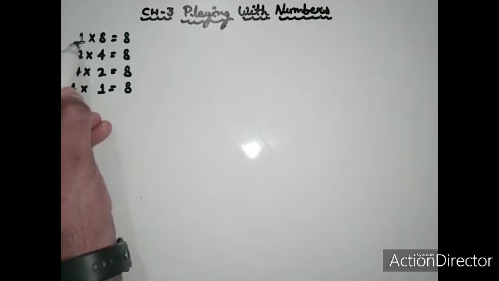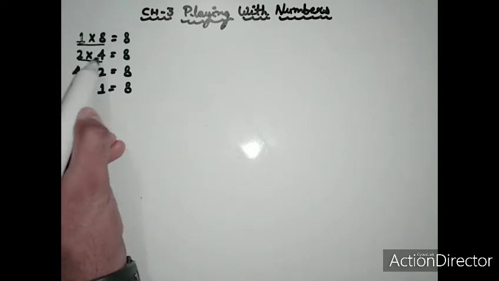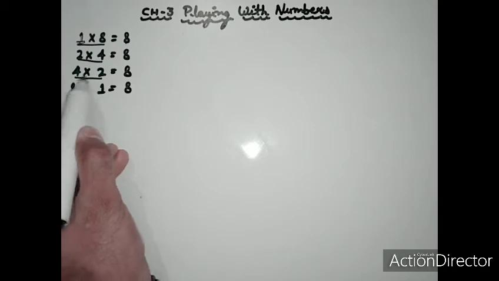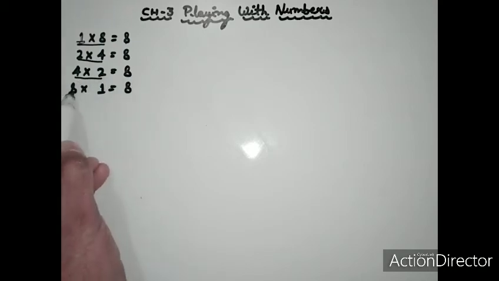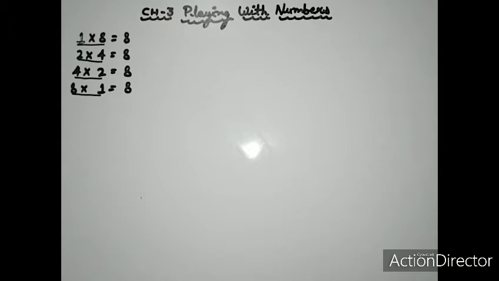So if we multiply 1 and 8, it gives product 8. Multiply 2 and 4, it gives again product 8, and 4 twos are 8, and 8 and 1 multiplied give product 8. Now all these numbers are the factors of 8.